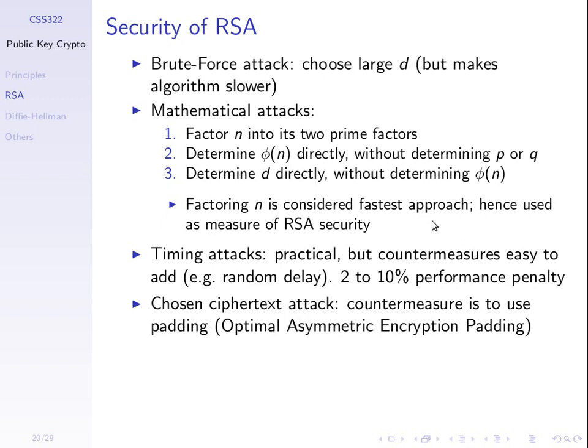There are some other theoretical attacks, timing attacks, chosen ciphertext attacks. So there are other known attacks on RSA which can be successful, but they're very easy to defend against. So there are countermeasures which are commonly implemented. So in theory there's an attack, but it's very easy to prevent the attack by adding a few modifications when you encrypt and decrypt.